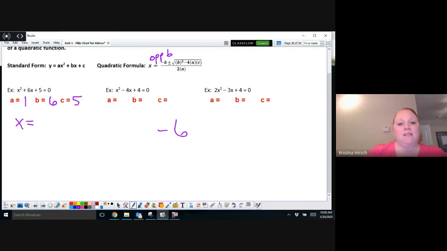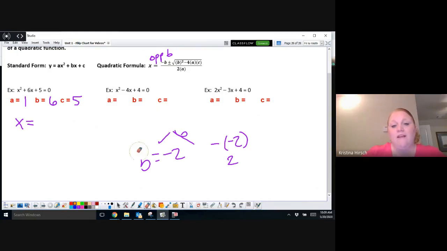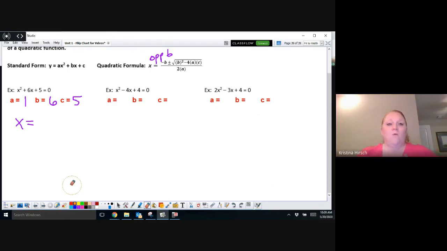Then instead of being +6, it's -6. But what if b was -2? Well, a negative b would be a -2, which would make it +2. So essentially, the signs are just changing when you have a -b. It's like opposite b. So when I do my work, I usually just think opposite b.